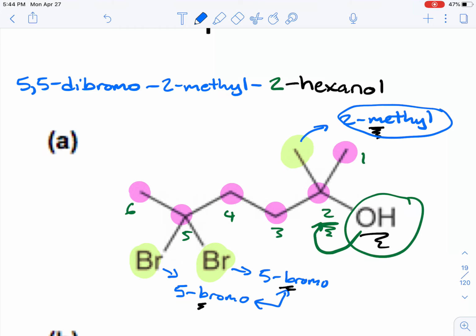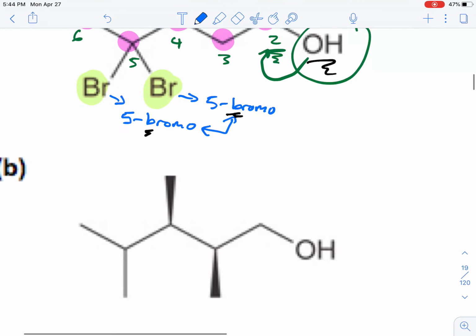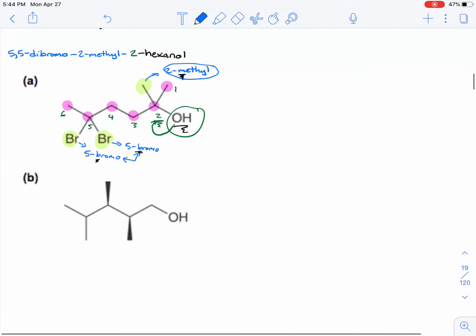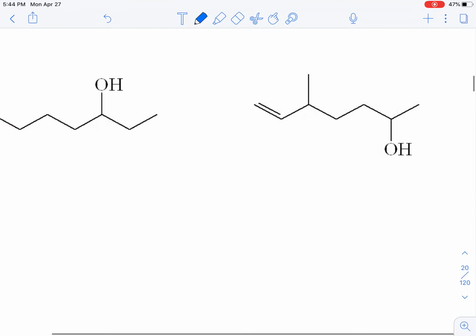So overall, the name of this substance is 5,5-dibromo-2-methyl-2-hexanol. Hopefully you get the trend. There's one more example that I want to do.